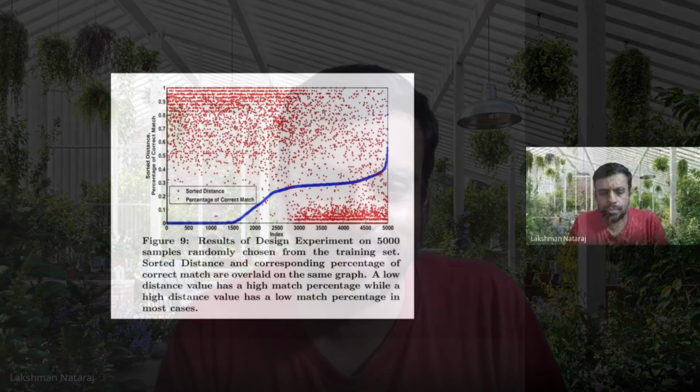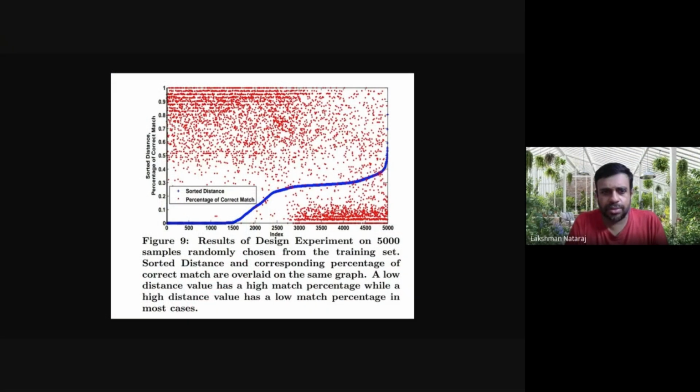So the next one is going to be the last image for this test. This is a chart and a graph from one of my papers from back in my graduate school days. It's an interesting graph because it's a scatter plot which shows, on one side, the percentage of matches for a particular sample in a particular experiment, and then also a sorted distance.